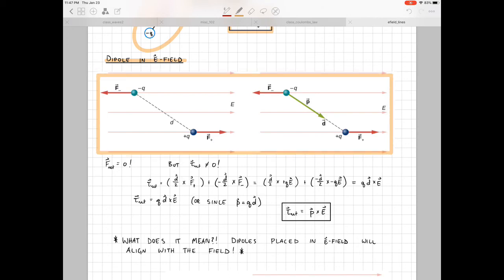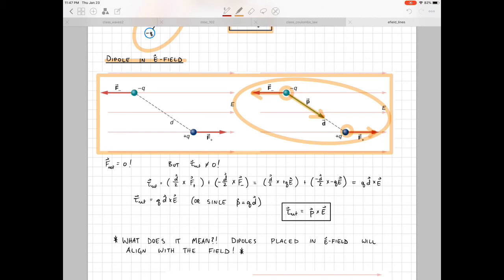So let's take a look at this. We'll focus over here on the right, the same picture. I've got my negative charge, my positive charge, and my dipole moment vector pointing from the negative charge to the positive charge. And this dipole is in an electric field, and so the negative charge is experiencing a force to the left, and the positive charge is experiencing a force to the right.